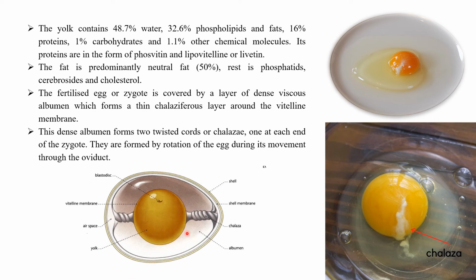So these chalazae, which are formed out of dense albumin, form two twisted cords or chalazae, one at each end of the zygote. They are formed by rotation of the egg during its movement through the oviduct.